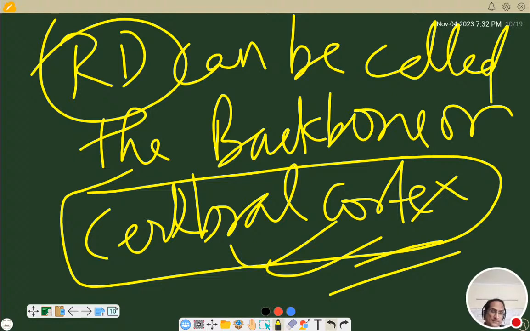Okay, so we have seen what is problem statement, we have seen what is hypothesis formulation. After hypothesis formulation, a research design comes up. What is research design? A plan.